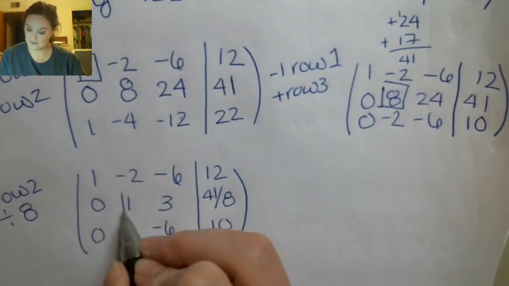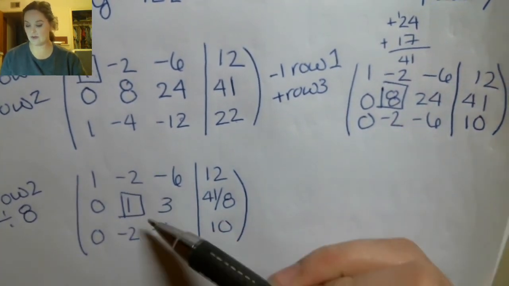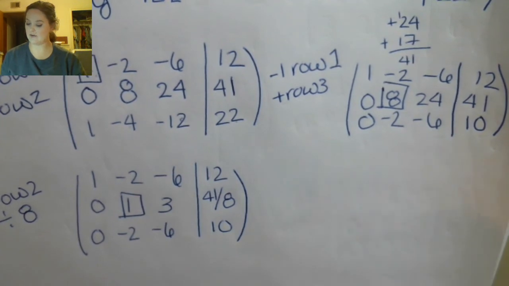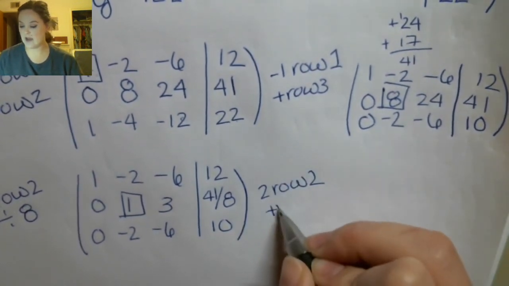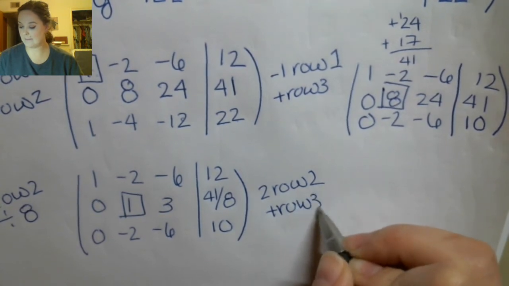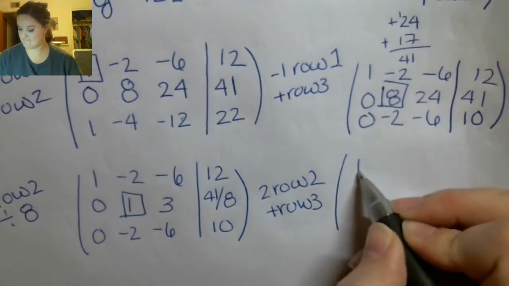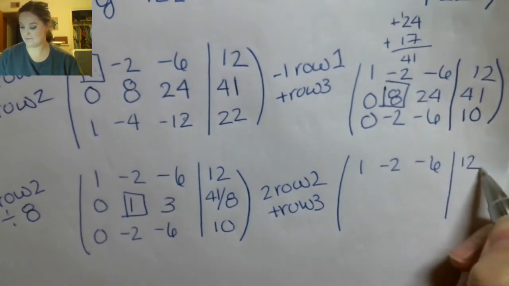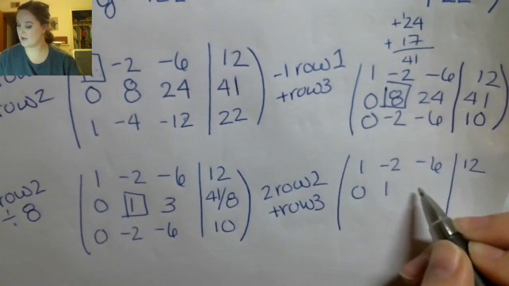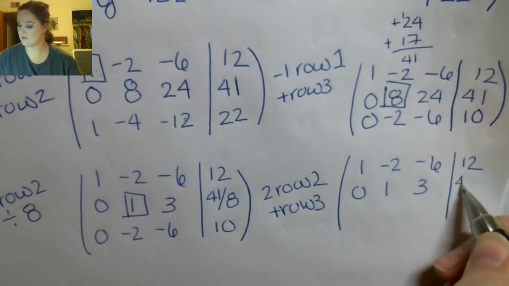Okay, so we're still focused on this entry, and we're going to use it to make this a 0. So I'm going to do 2 times row 2, and I'm going to add it to row 3. So just copying my first and second rows.